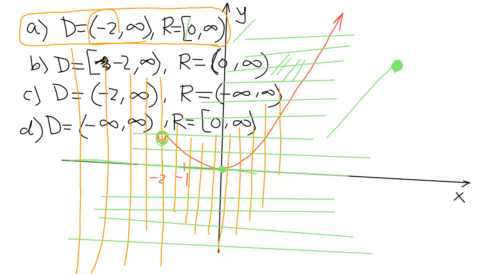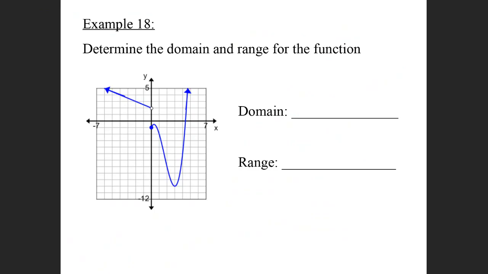Okay, going back to the book or to the notes and solve the second example. This is an excellent example for including and excluding. So what's the domain of this function?